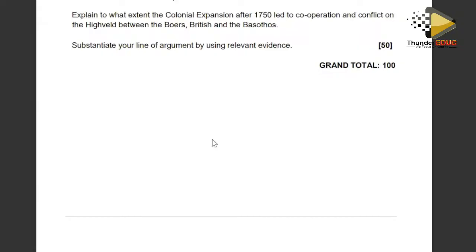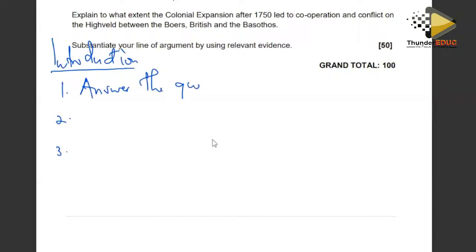For your introduction to be contextualized and for it to be answering the question, you are supposed to give an introduction with the 3 steps which are mandatory. Right. So we are saying, the question is saying to what extent? Number 1, number 2, and number 3. This is your introduction. If it doesn't have those three, then your introduction is not contextualized. Number one, your introduction must have an answer to the question. You must respond directly to the question. It must have a line of argument.